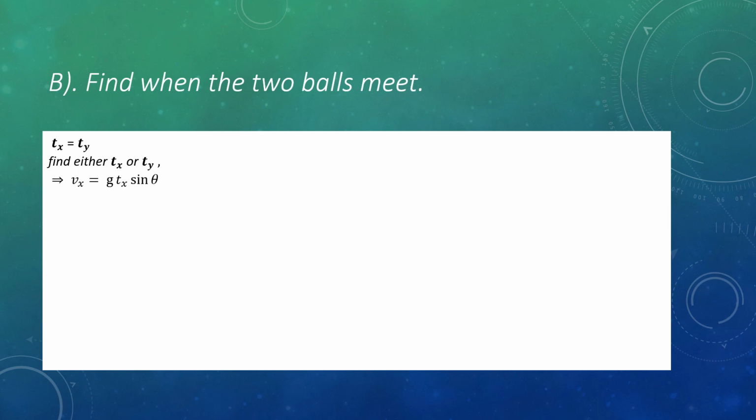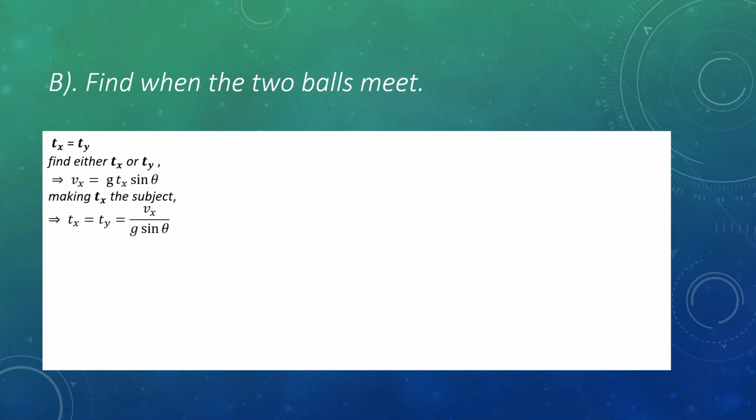But from when we were solving on the other page, realize that Vx is equal to d times Tx sine theta. So let's try and make Tx the subject and see the relationship between Tx, d sine theta, and Vx. So making Tx the subject, we get Tx is equal to Ty, and we know that it's equal to Vx over d sine theta.